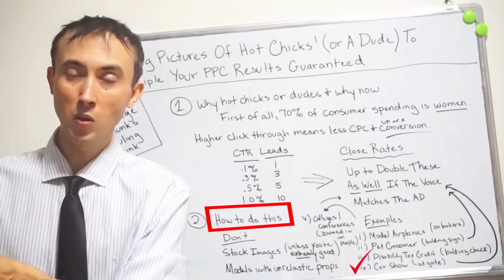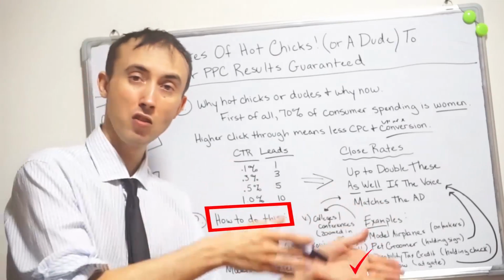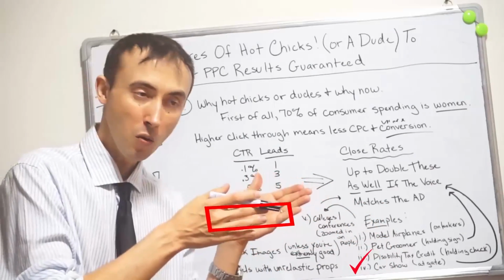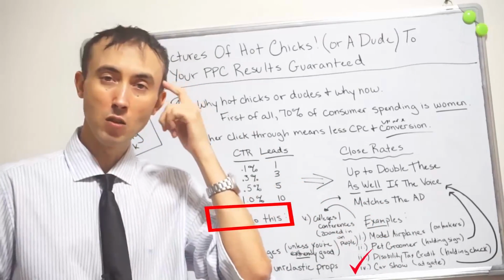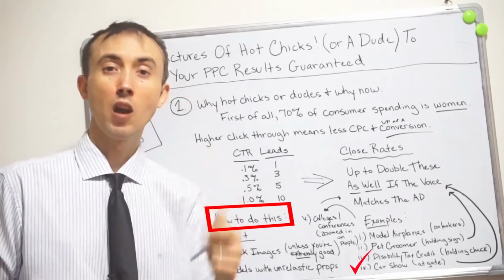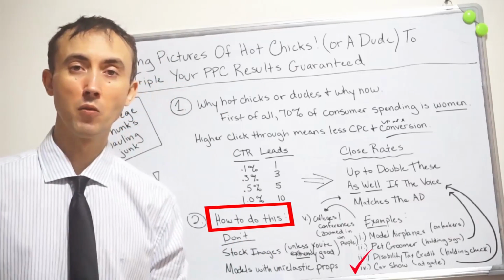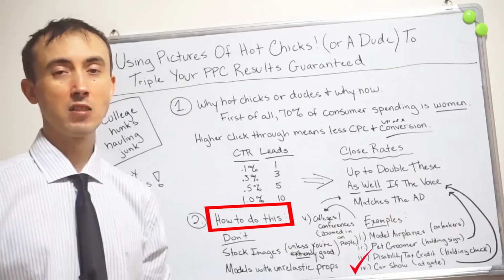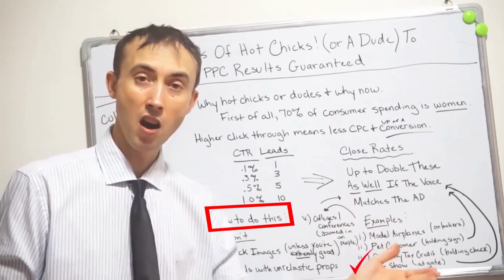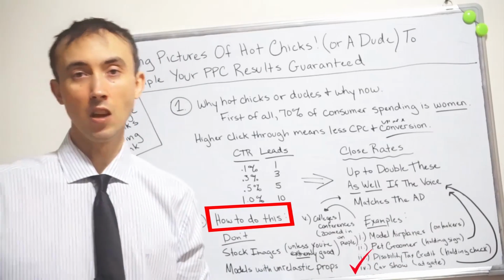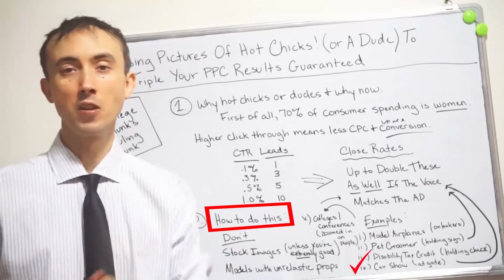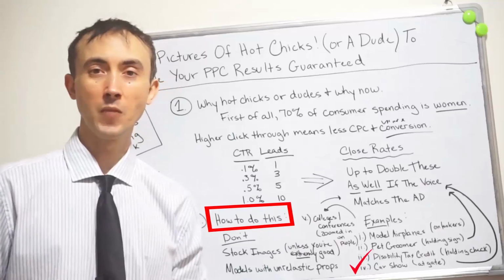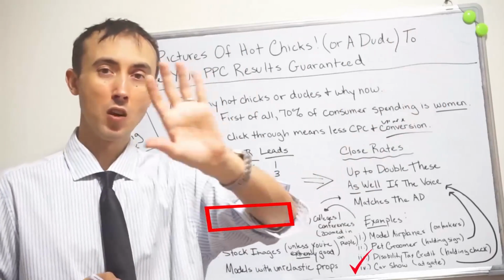You don't want to leave any questions in the minds of the users to get the highest conversion rate possible that you can from that traffic. So we tried that, and obviously it worked very well. A car versus a chick with the car versus the two chicks there, and then the backdrop being a bunch of cars in the background. That one worked the best, as you could probably imagine just thinking about it.